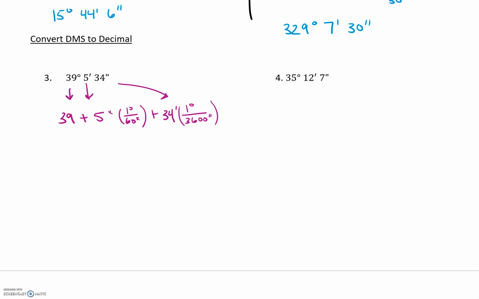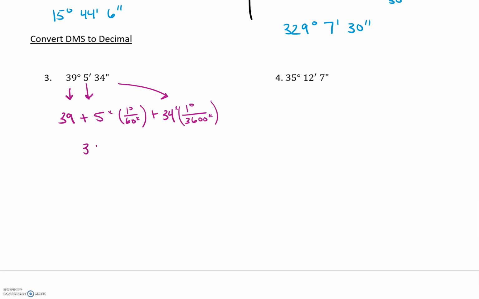So we're going to multiply by 1 over 3,600. At this point, all we have to do is enter this in our calculator. So we're going to say 39 plus 5 times 1 over 60 plus 34 times 1 over 3,600.